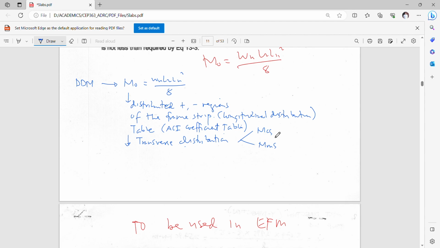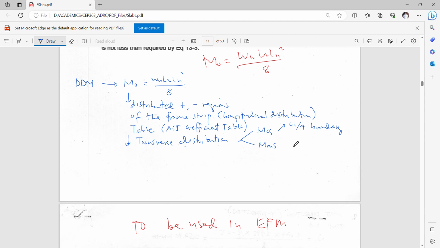The column strip is defined in terms of one-fourth of the base span, which is L2. We get one-fourth on one adjacent side and the other one-fourth on the other side, which will constitute your L2 over 4 boundary.